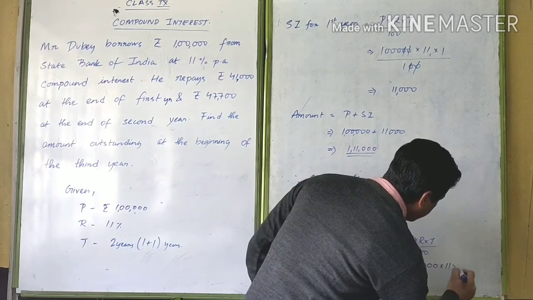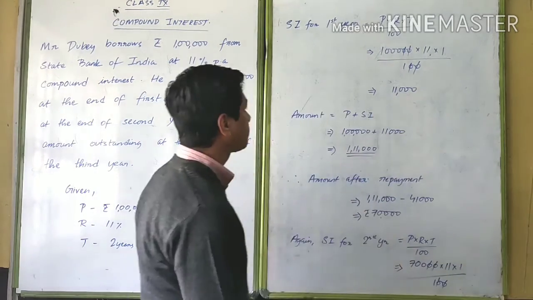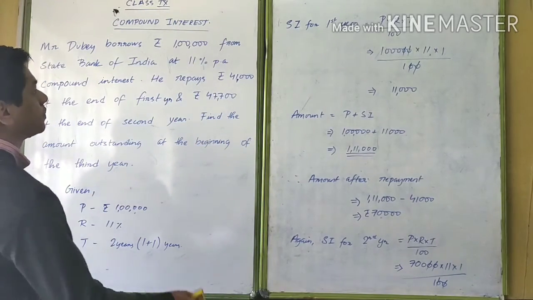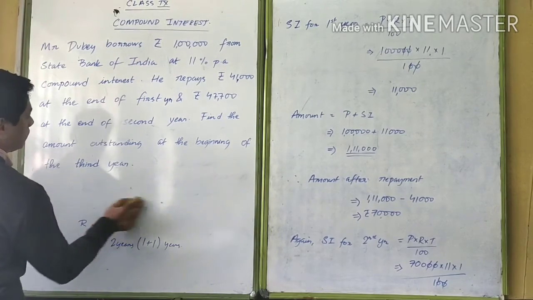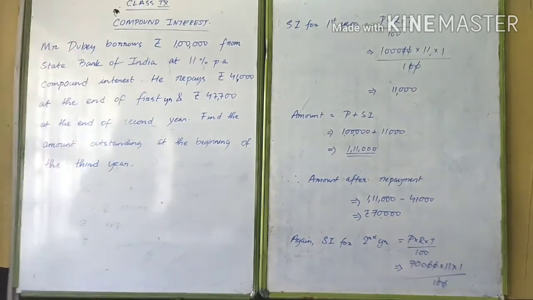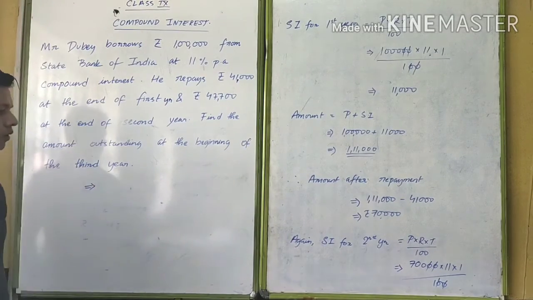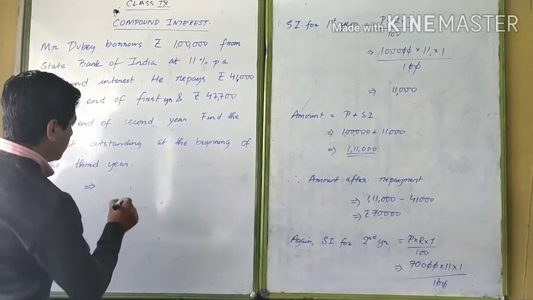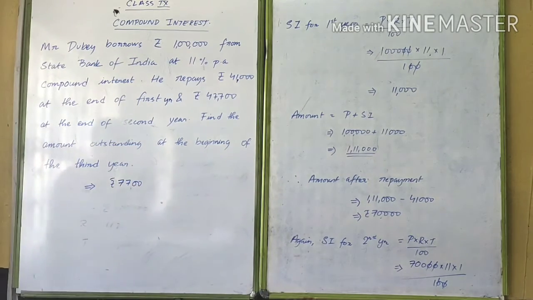The rate will remain same, 11%, 1 year. 0, 0 gets cancelled. So my SI will be rupees 7,700.